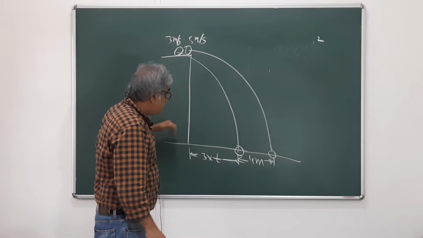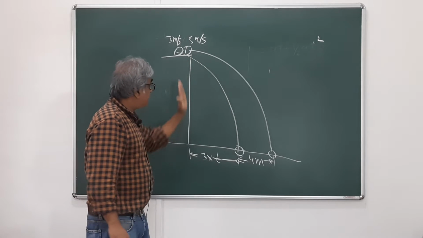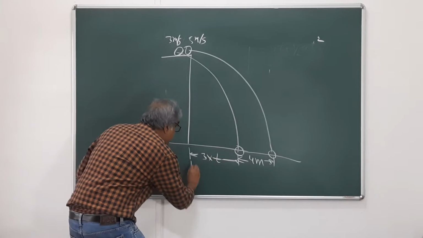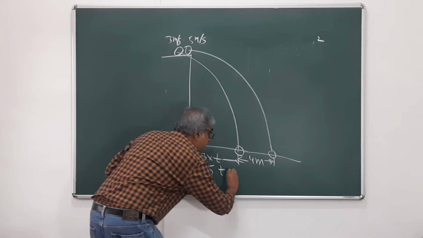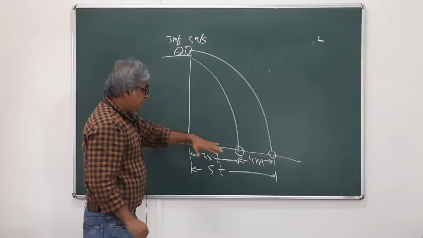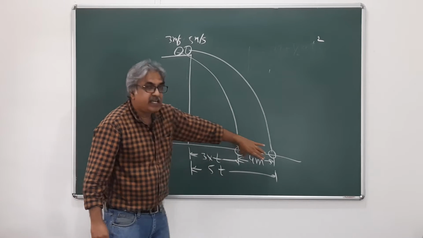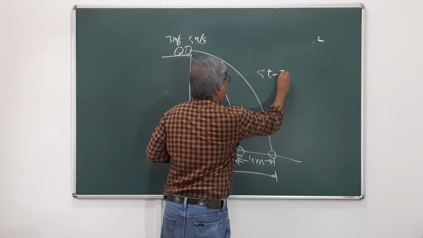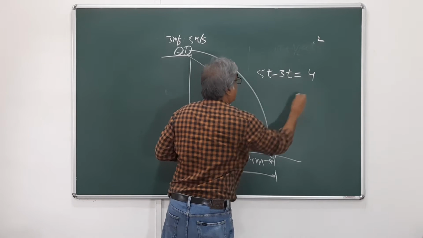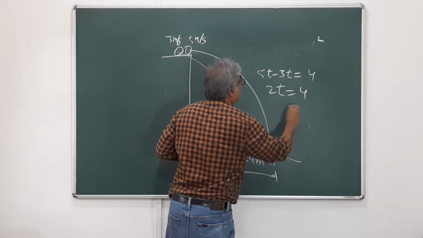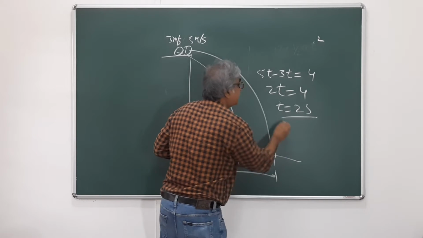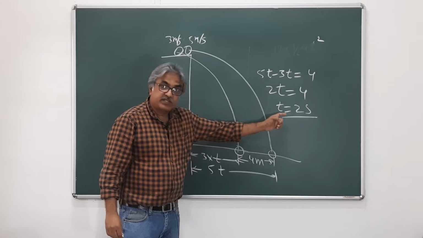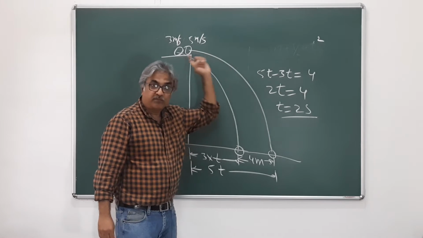This ball, from this position, travels a distance of 5 into t, right? And 5t minus 3t is 4 meters, right? So we can say 5t minus 3t is 4, that means 2t is 4, that means t is equal to 2 seconds. So both these balls will reach the ground 2 seconds after they are thrown from this level.